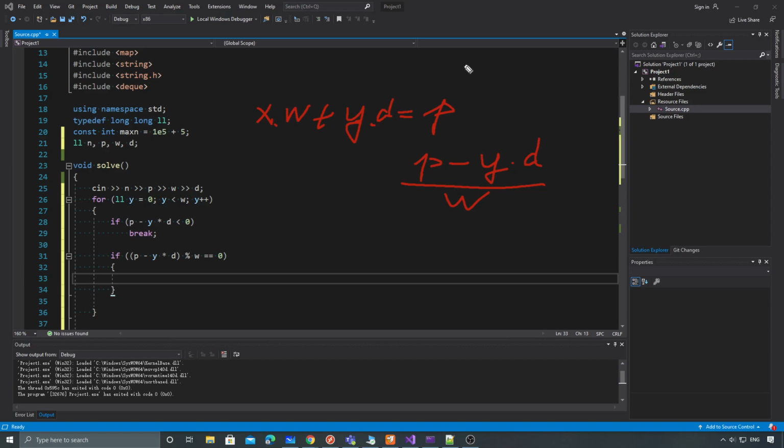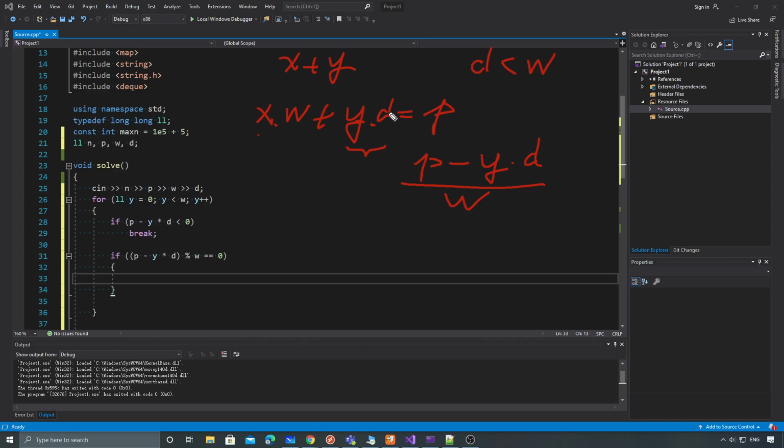Because D is smaller than W, right? In order to make this X plus Y as small as possible, we need to make this Y as small as possible, so that the Y times D is smaller, and the X, because this factor W is bigger, is smaller too. Which means that the smaller the Y is, the smaller the X will be.